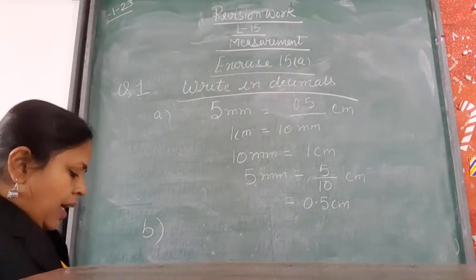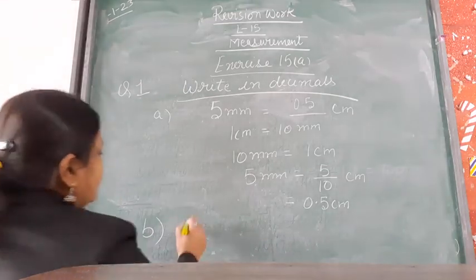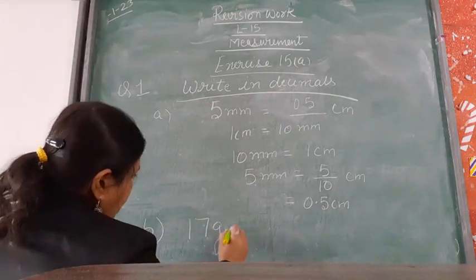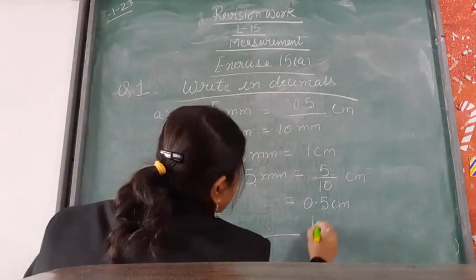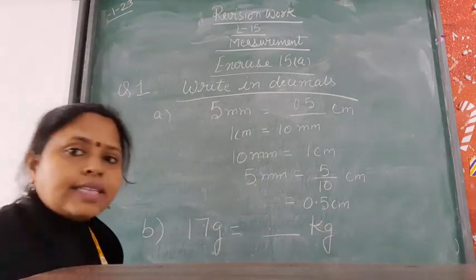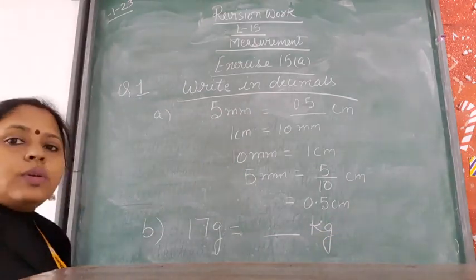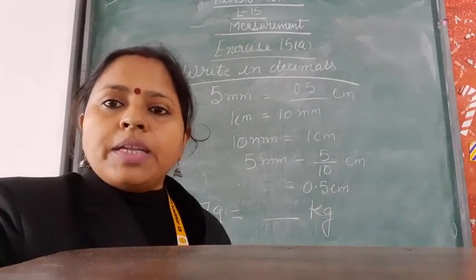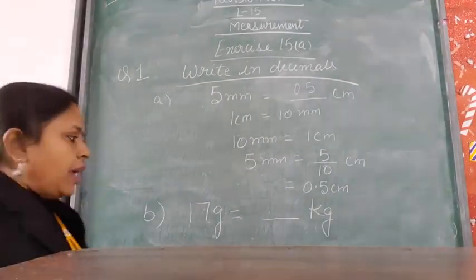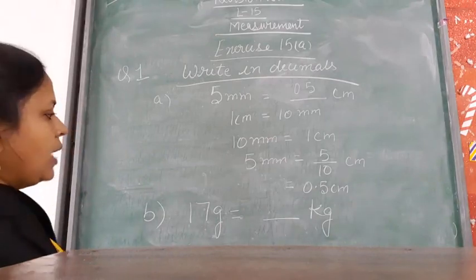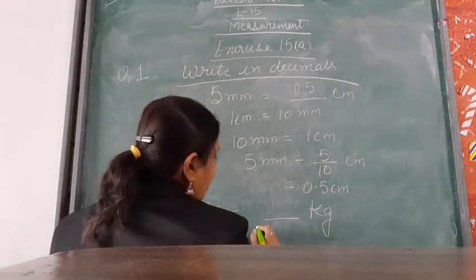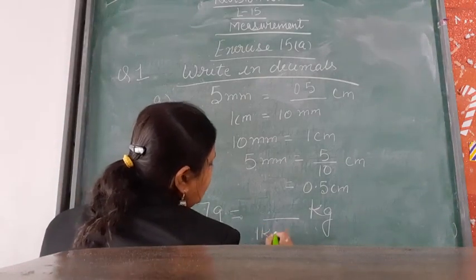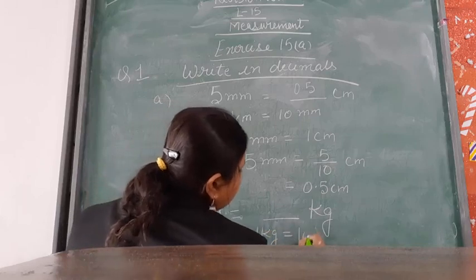The other part is to change 17 gram into kilogram, and you have to write the kilogram in decimal form, right? So let us see how we will change 17 gram into kilogram. Now children, we all know that 1 kilogram is equal to 1000 gram.